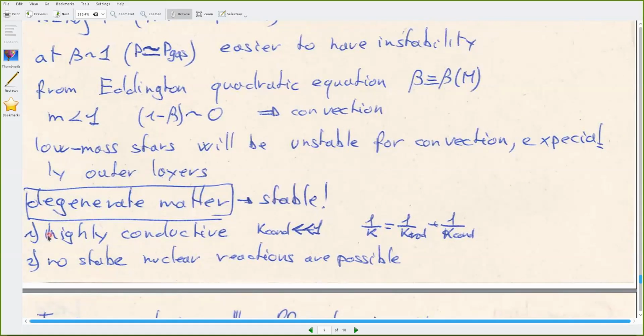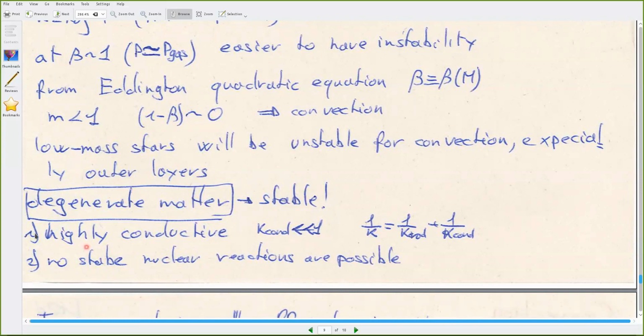Two reasons. One is that it is highly conductive. The opacity for the conduction, as we saw before, is definitely smaller, and that means a higher conductivity. That makes sense because, as I remember, the ratio of opacity and density is the mean free path.